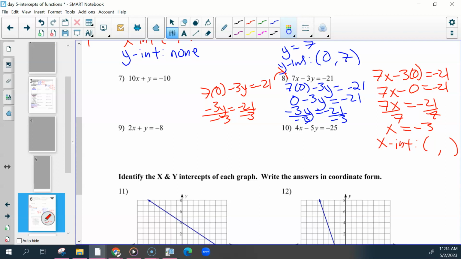Colton, you know the answer? How would I write this as an ordered pair? We have our x value. Where would that go? First or second? First, okay. What will go second?